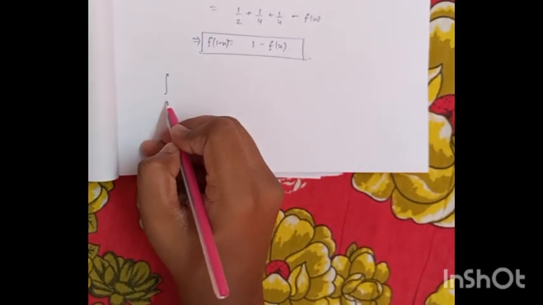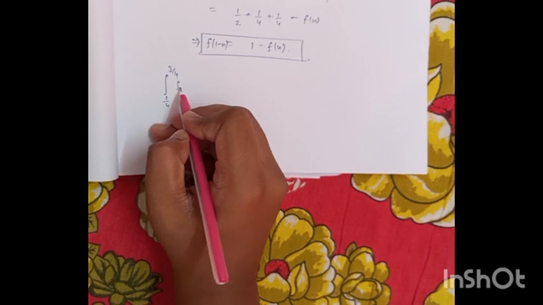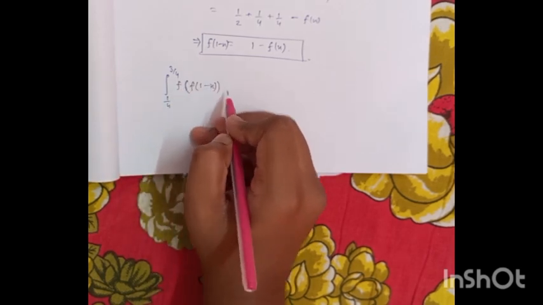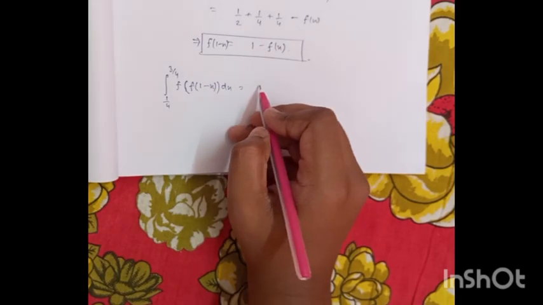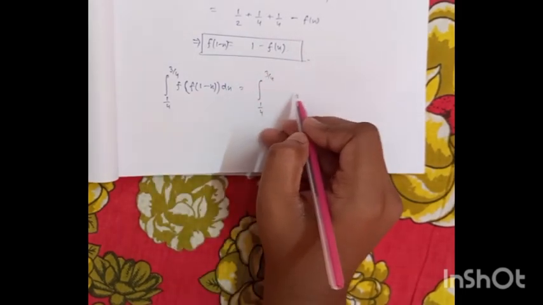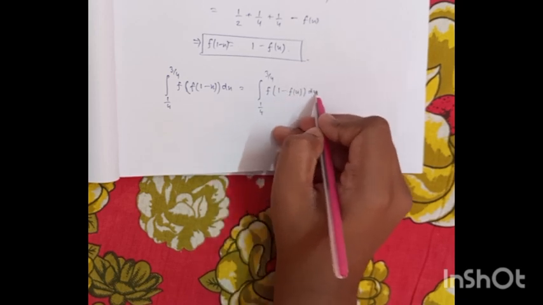So the integration 1 by 4 to 3 by 4 f of (1 minus x) dx is simply 1 by 4 to 3 by 4 integration f of (1 minus f of x) dx.